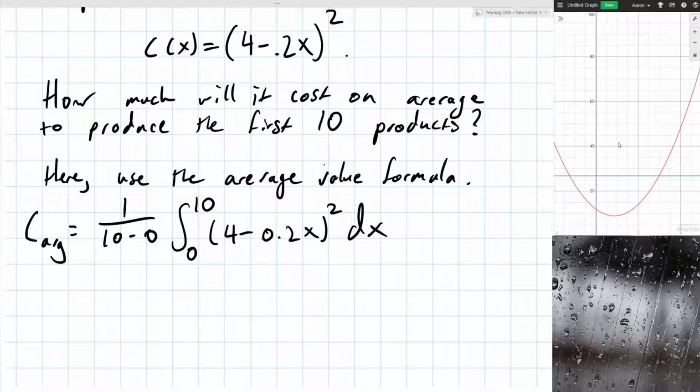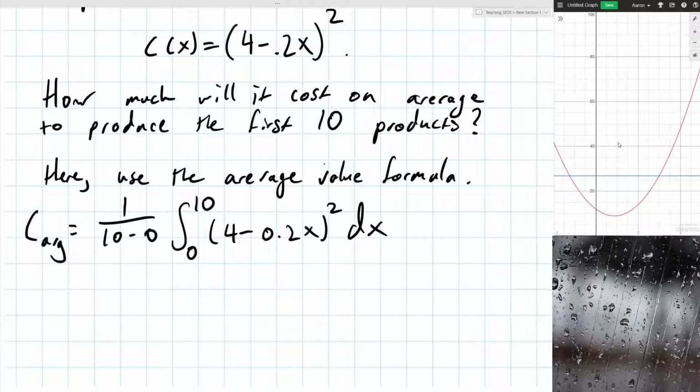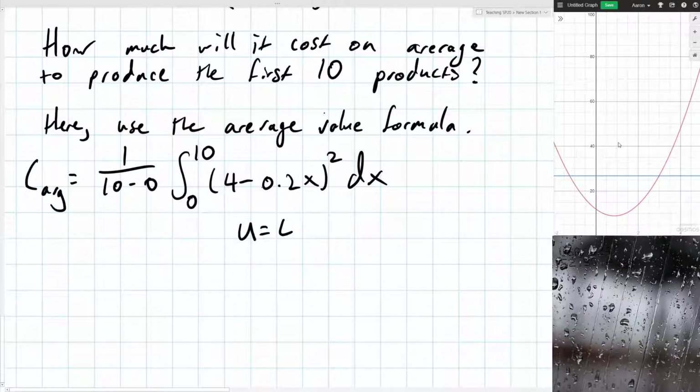So here, to evaluate this integral, we could do two different things. We could either multiply this out, or we could try a u substitution. Because u substitution is our newer method, I'm going to go ahead and do the u substitution. So in this situation, I want u to be equal to 4 minus 0.2x, which means that du over dx is going to be equal to negative 0.2.